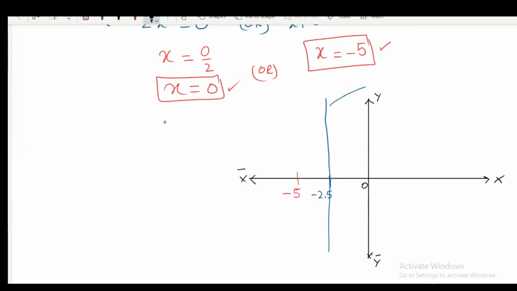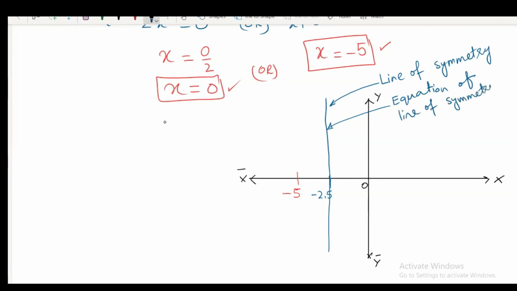This line is known as the line of symmetry, and the equation of the line of symmetry is x equals minus 2.5.